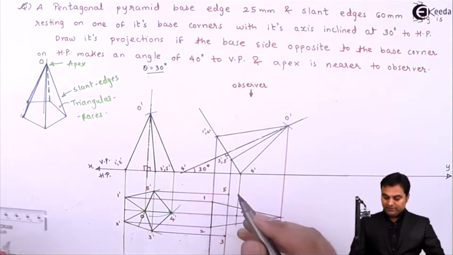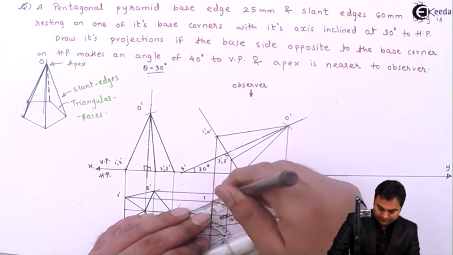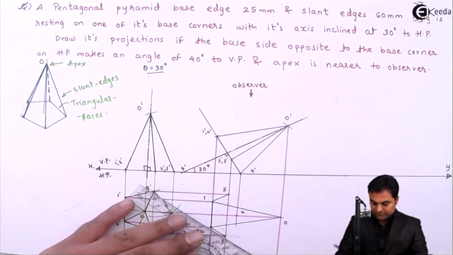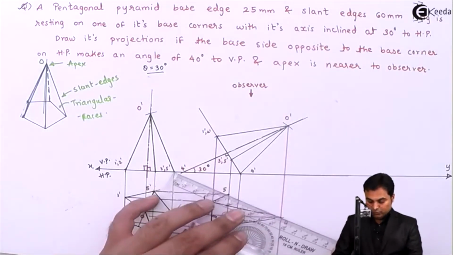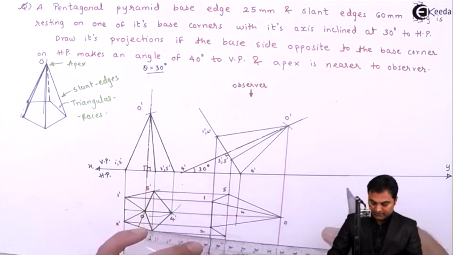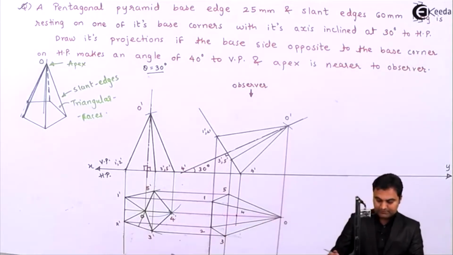Then 1 to 5 will be connected, it is an outline, and at the same time it is visible. 2 to 3 will be connected as an outline and also it is visible. 5 to O will be connected as an outline, and even 3 to 5 as an outline, and that is visible.